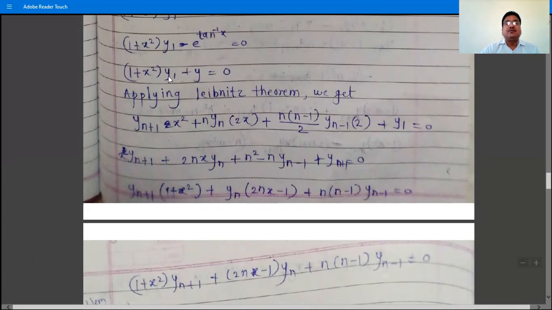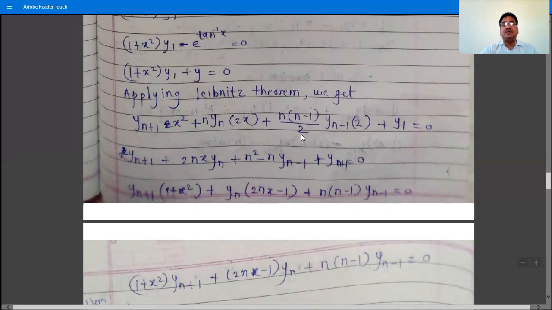So y1 is u, 1 plus x square is v. So the first term is nC0, that is 1, y1, its nth order derivative is yn plus 1, and write 1 plus x square as it is, that is v as it is, plus the next term nC1, whose value is n, un minus 1, that is the derivative of y1 of n minus 1 order, which is yn, into the derivative of 1 plus x square, which is 2x, the v1 term.